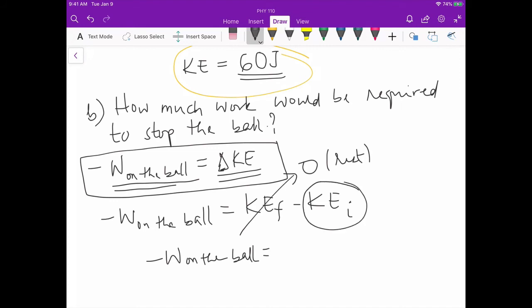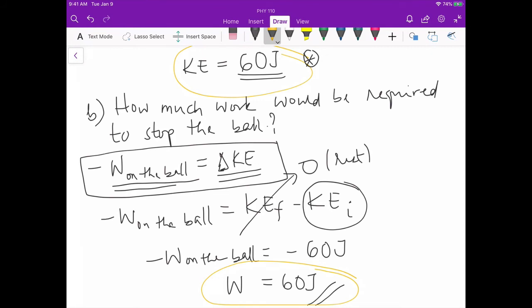The initial kinetic energy, we already got it, like 60 joules here. Initially it was moving at 20 meters per second anyway. So therefore what you need is you need to do 60 joules of work to bring it to a stop. Okay, so to stop it you need to do 60 joules of work.